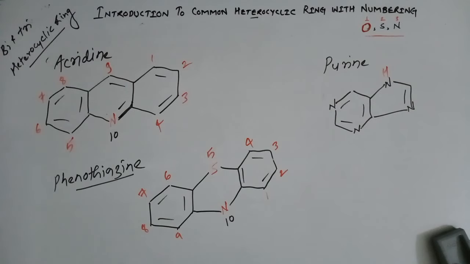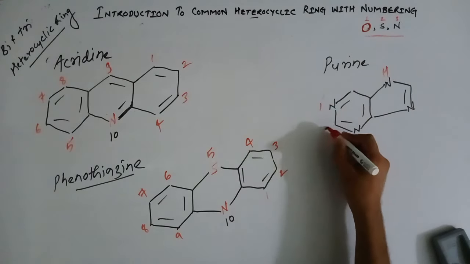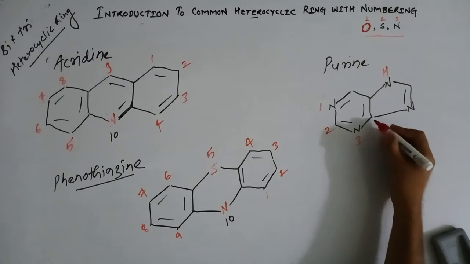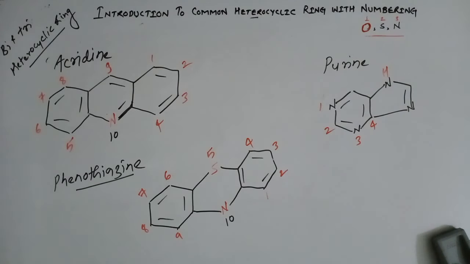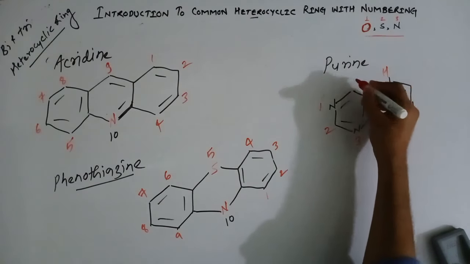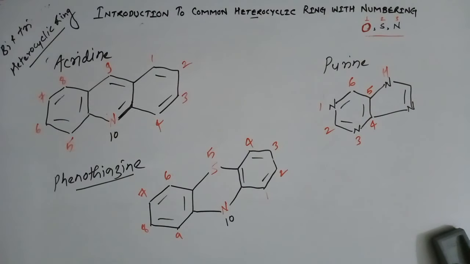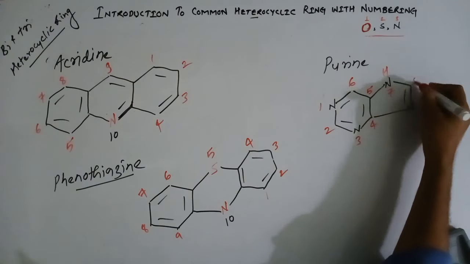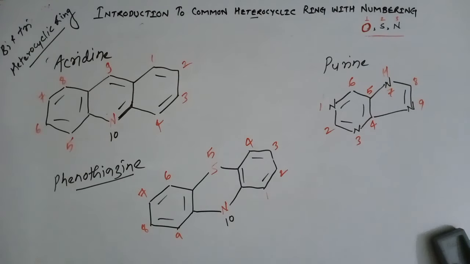Now this molecule also has very exceptional numbering. The numbering starts from this nitrogen: 1, 2, 3. Now in this case we give numbering to this junction point 4, then 5, then 6. Then this nitrogen is given 7, 8 and 9. This is your purine, very exceptional.